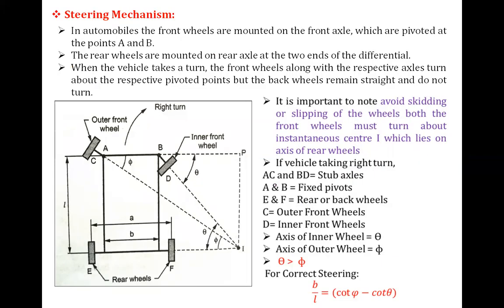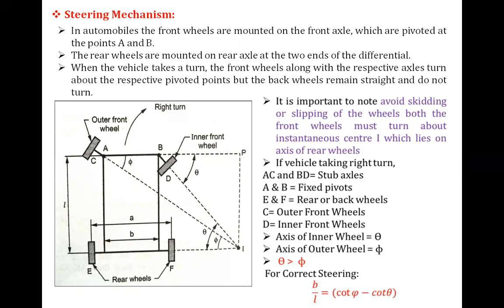Steering mechanism. In an automobile, the front wheels are mounted on the front axle which are pivoted at the points capital A and capital B. The rear wheels are mounted on the rear axle at the two ends of the differential.